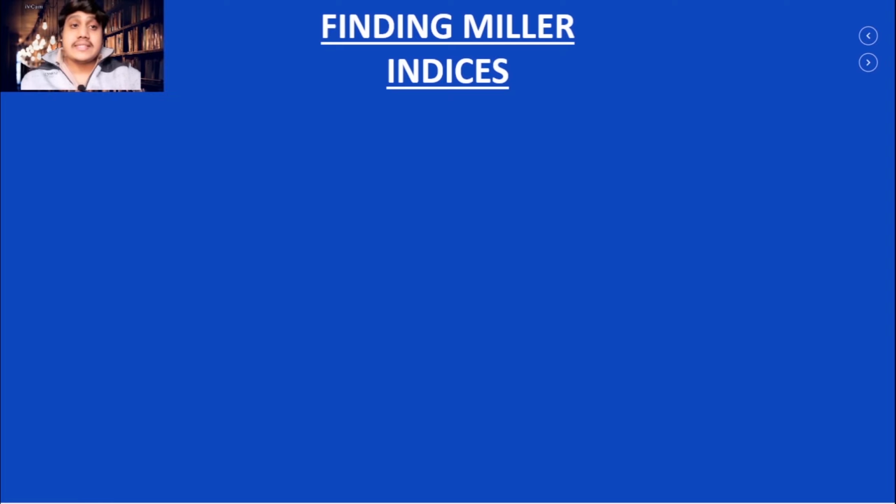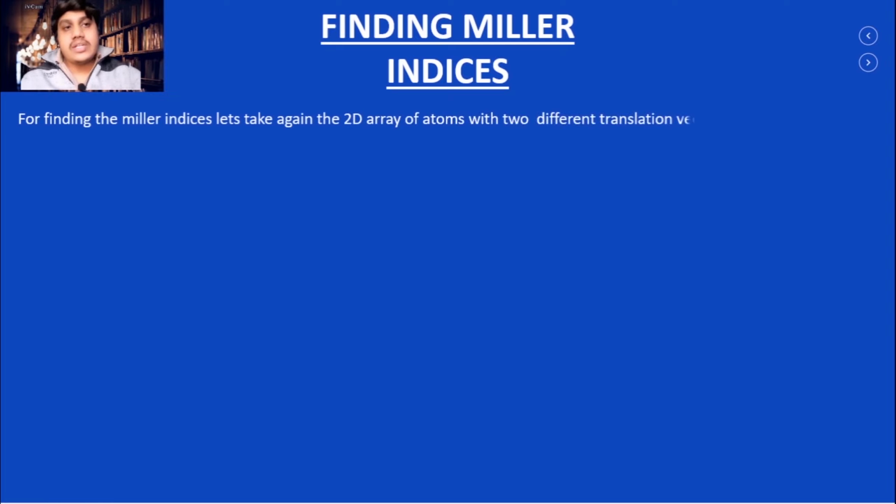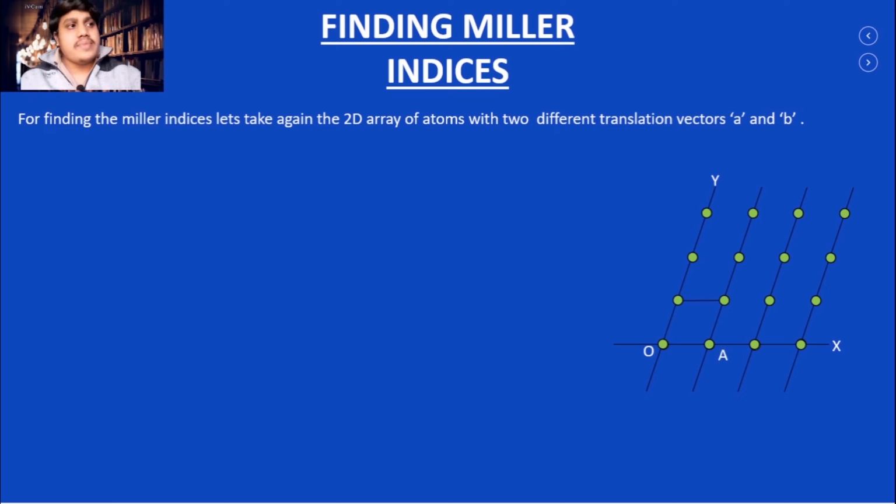How you can find the Miller indices. For finding the Miller indices, let's again take the 2D array with two different translation vectors A and B. Again we take the same 2D array, just named OABC. Here this is the x-axis and this is the y-axis.